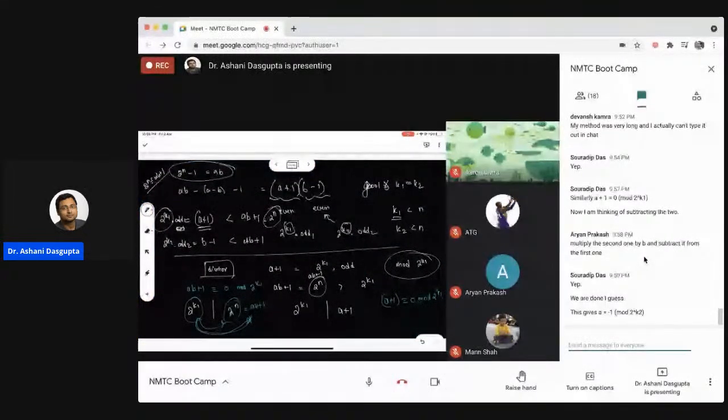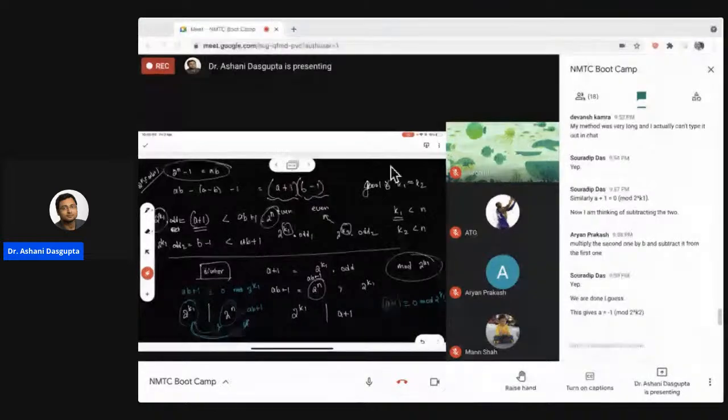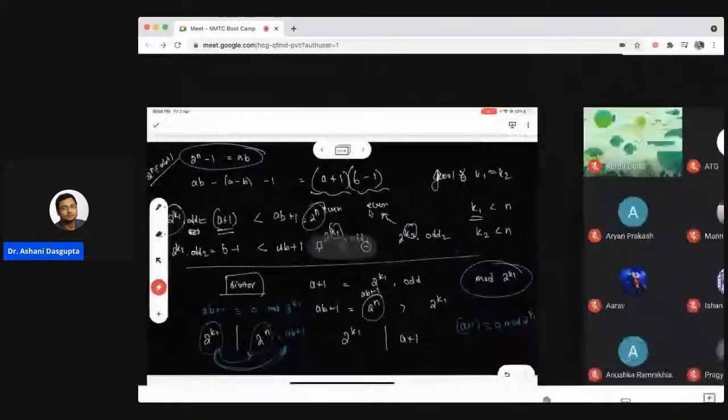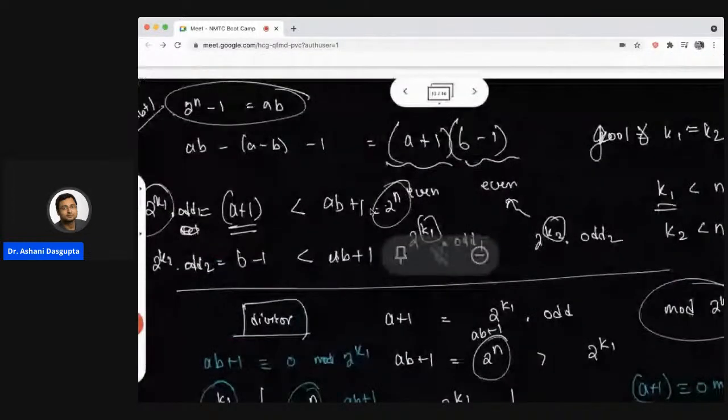That's how we define it. So we have two even numbers multiplied to each other, and we wrote each even number as a power of 2 times odd.